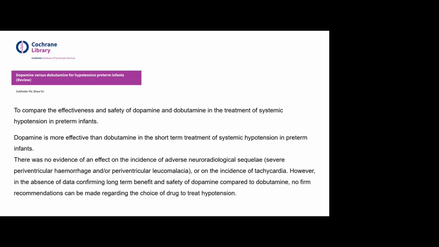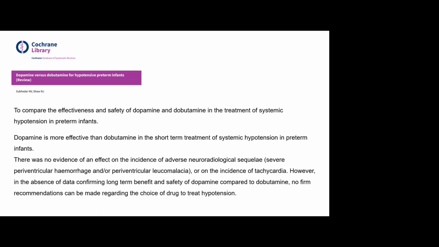Okay, now looking at dopamine versus dobutamine as drugs to treat hypotension in preterm infants. They again looked at a systematic review, and the conclusion was that dopamine is a better drug than dobutamine in improving the blood pressure. So if you have a preterm baby with low blood pressure, you give dopamine, and it has a better effect in bringing up the blood pressure.